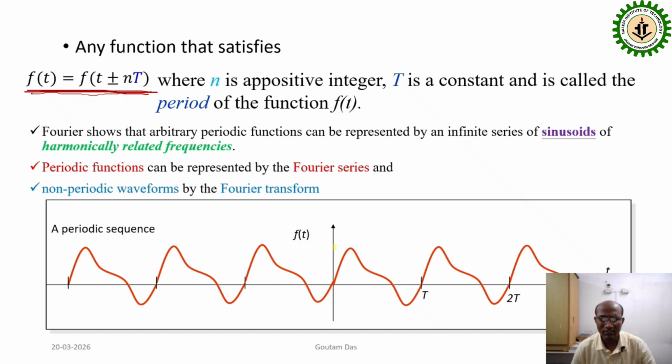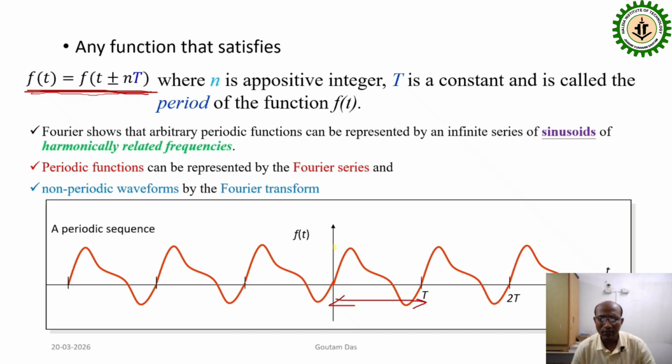The lower waveform is a pictorial representation of a periodic signal whose time period is capital T. After T time, this function repeats itself, so it has a time period of T, and after each T time the function repeats.